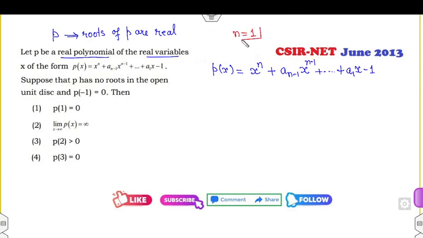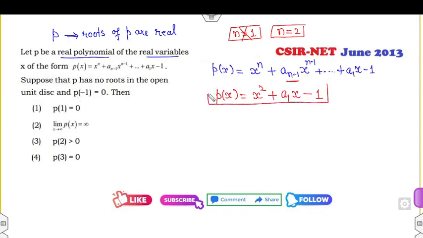If I choose n equal to 1, this term would be a0, but there is no a0 present, so I can never choose n equal to 1. If I choose n equal to 2, then a1 is present. So P(x) is x squared plus a1 x, and the last term is minus 1.